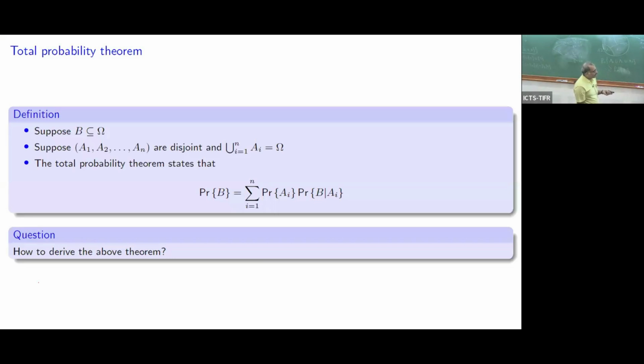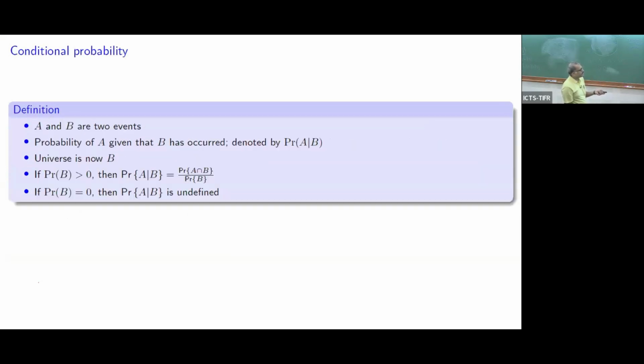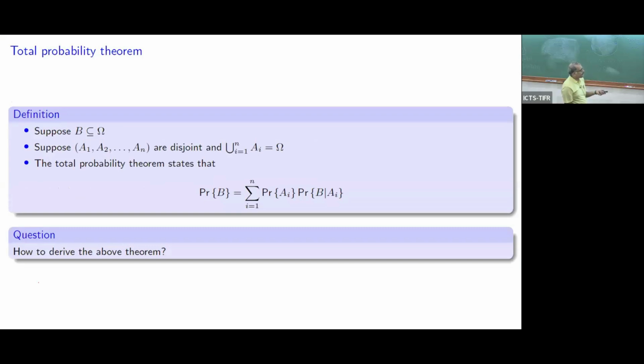You can try to think about how to derive this particular result. It is actually not very difficult. In fact, if you go back here, you had this rule here. You can think about whether it is possible to use this to come up with that. There are also these disjoint events that we are talking about here.